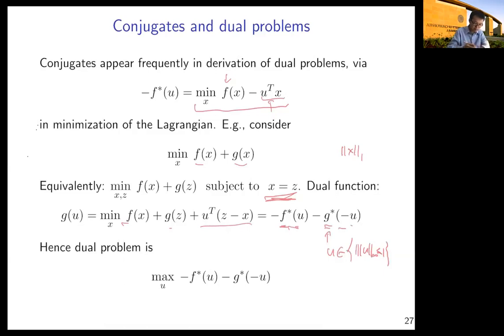Or if there's a lambda here, then correspondingly u needs to be smaller than lambda. Is it lambda or 1 over lambda? I'll leave it for you to work out.